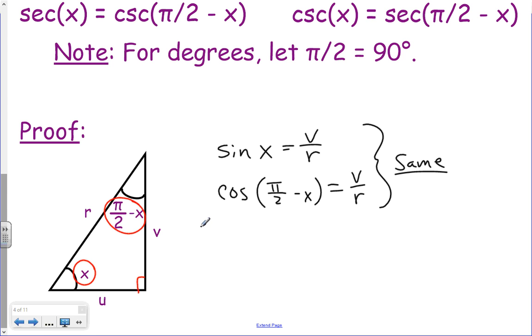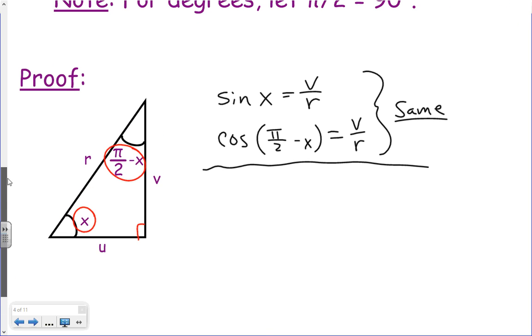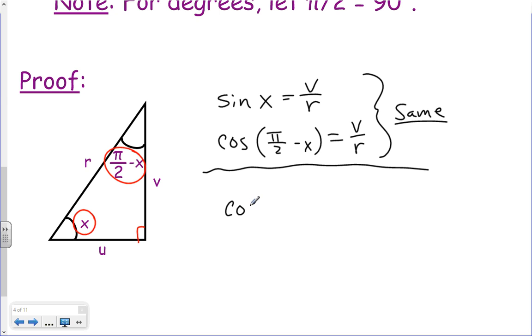Let's do the cofunction property the other way around as well, just so we can see that it does in fact work the other way. So let's take the cosine of x. The cosine of x, from our little triangle there, cosine of x over there in the bottom left corner is our angle x. So cosine of x would be u over r. That's the adjacent over the hypotenuse. And now use the cofunction, so sine instead of cosine, and use the complementary angle, the other angle, which is the pi over 2 minus x.